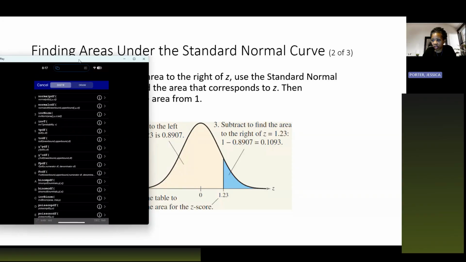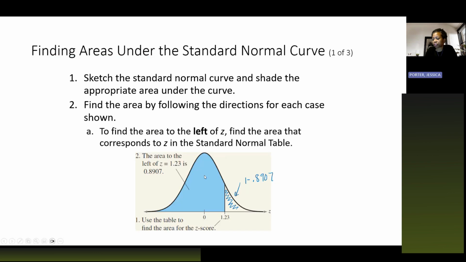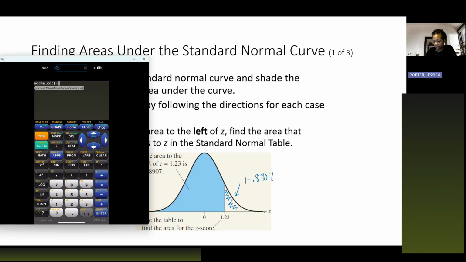Second, VARs, then normal CDF, then lower bound and upper bound. Now, if you're just asking for the area from all the way to the left, you're going to put in just a big number, like negative 10,000, as your lower bound.